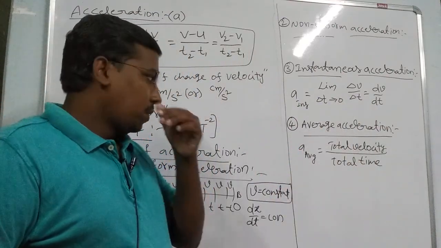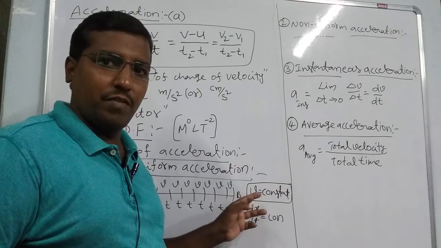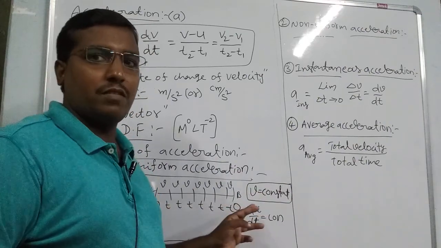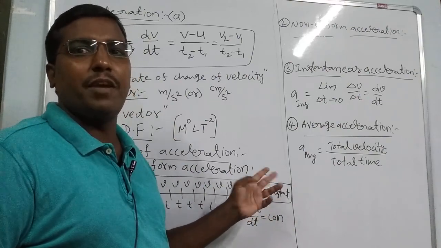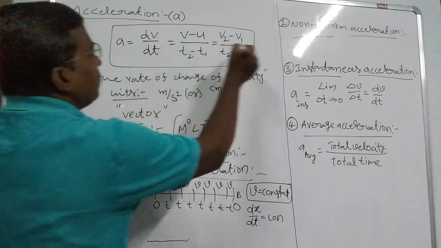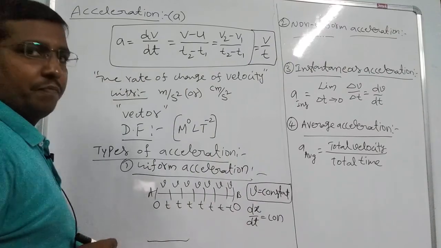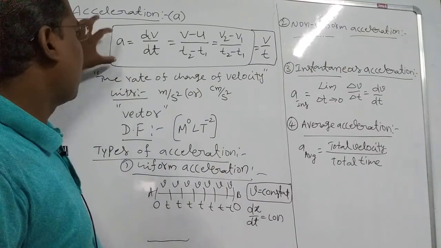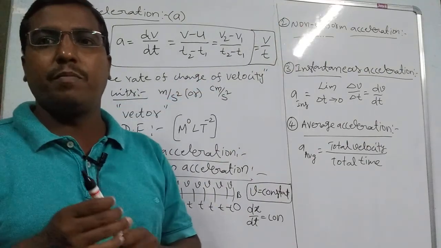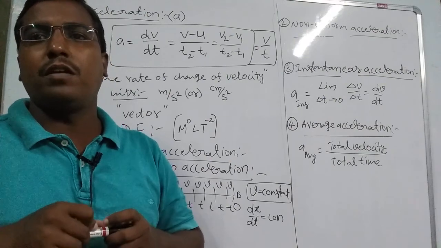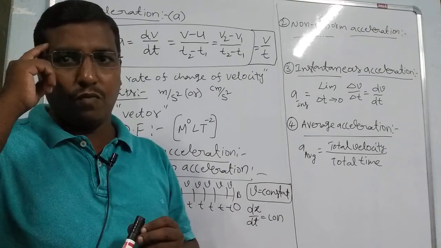So we have (v plus v plus v up to n times) by (t plus t plus t up to n times), therefore nv by nt, which gives v by t. Similarly, acceleration is defined as velocity by time. You must remember this formula: a equals v by t, or v equals a t, or t equals v by a. Remember these in your mind.